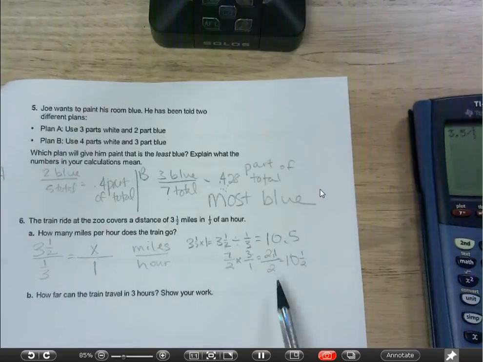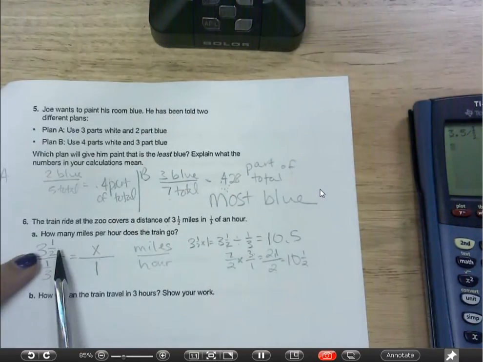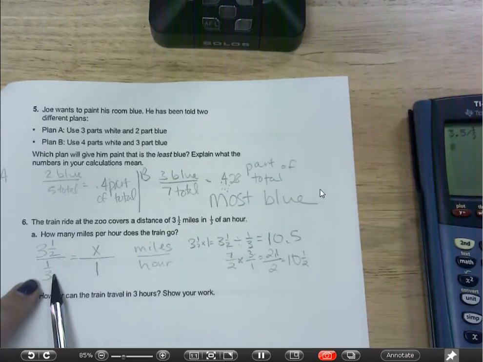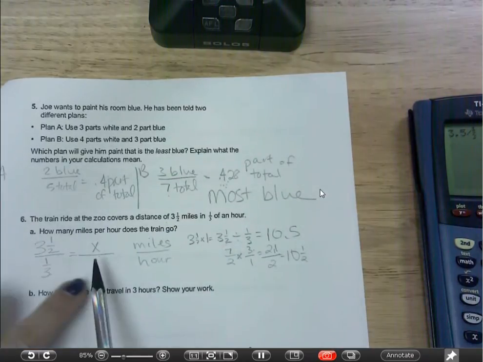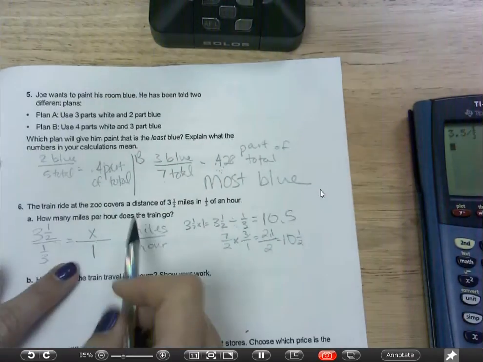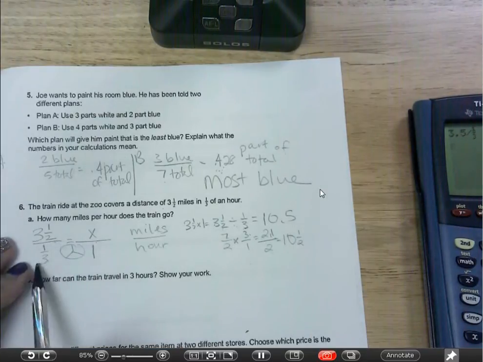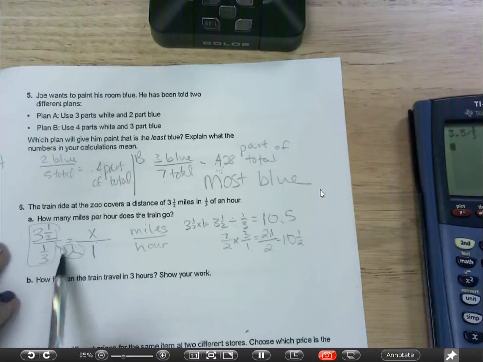The other thing that I could have done is if this train goes 3.5 miles in 1/3 of an hour, I know that it would take me 3 of the 1/3s to equal 1 hour, right? Because if I'm taking this hour and dividing it into thirds, that means I need 3 of these guys, 1, 2, 3, to equal 1 hour.